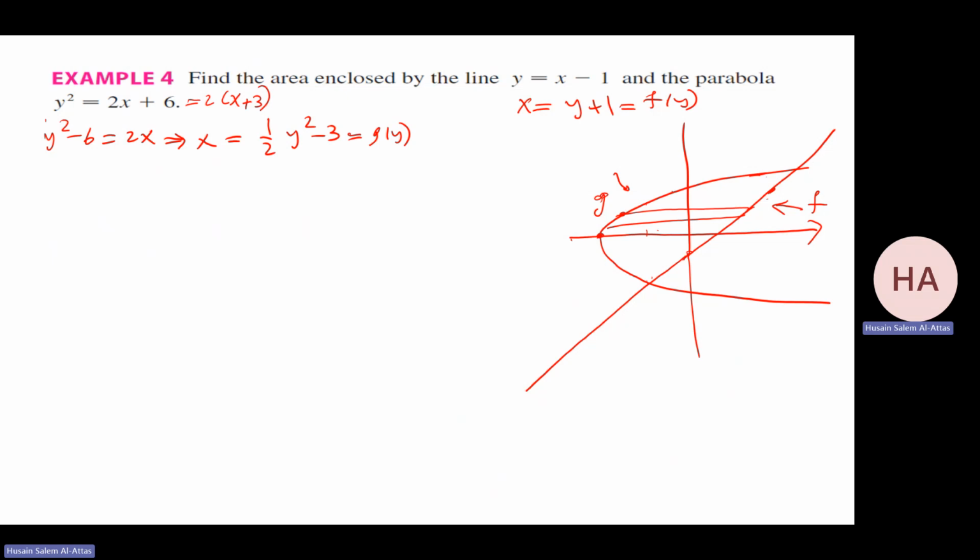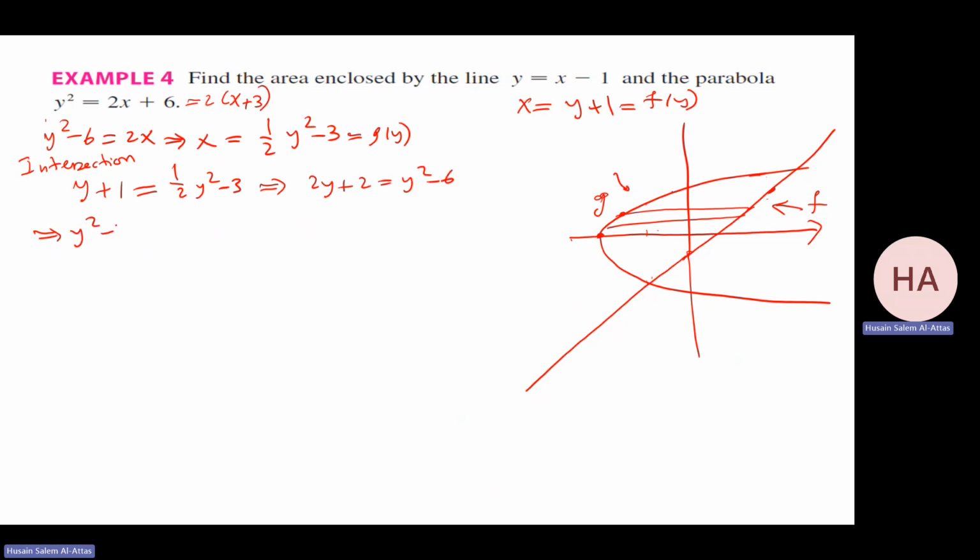Okay, now I wrote it in terms of y. Now I need to find the intersection points, so I equate these two equations. I have y plus 1 equal half y squared minus 3. If we do the calculation, multiply by 2: 2y plus 2 equals y squared minus 6.